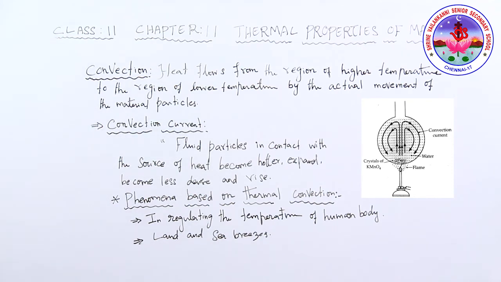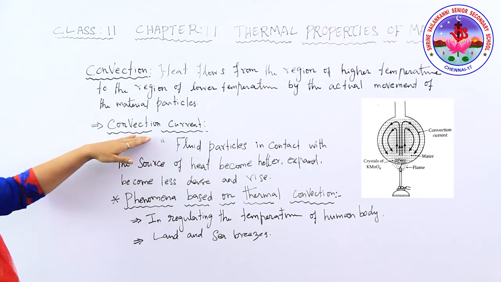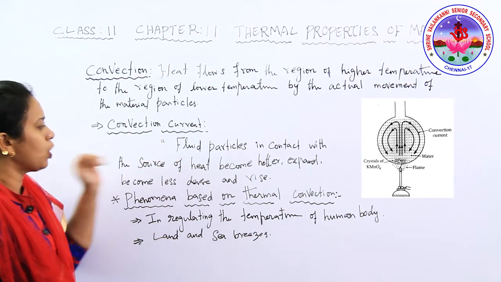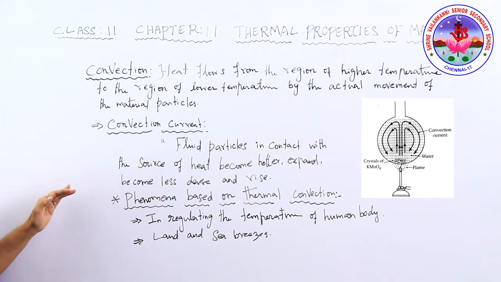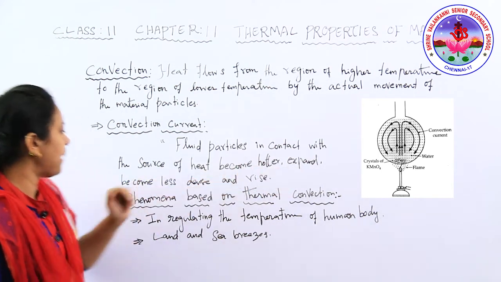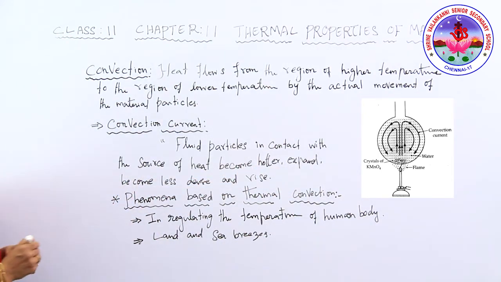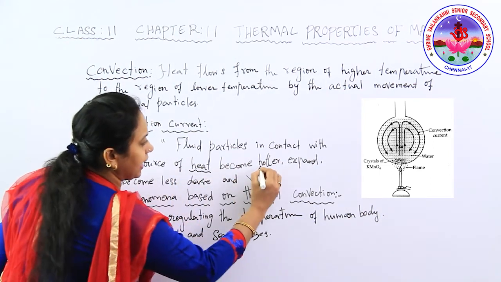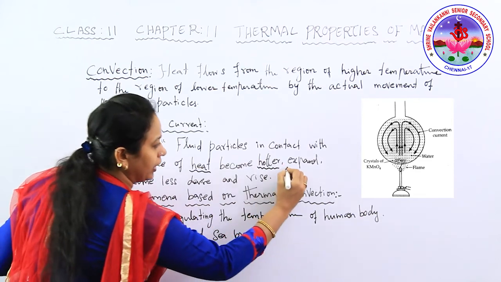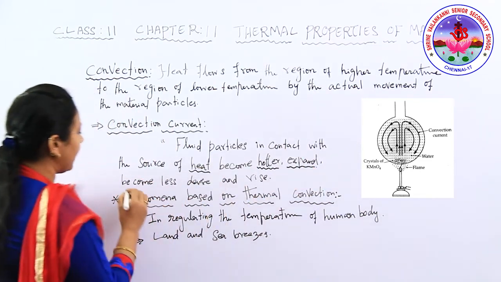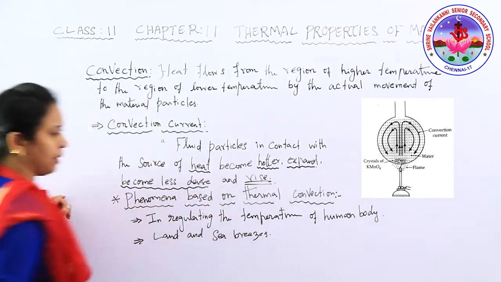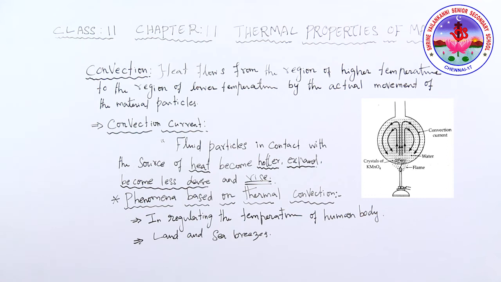So the convectional current: the fluid particles in contact with the source of heat become hotter, expand and become less dense, so that they rise up. Okay, so this process we call a convectional current.